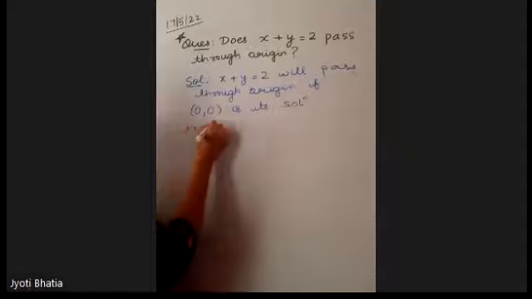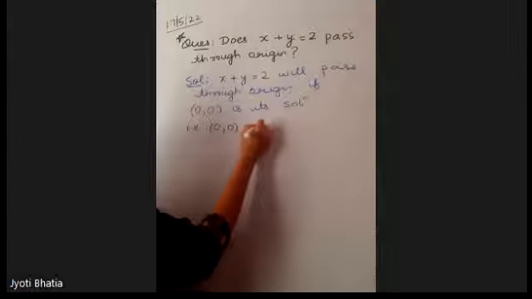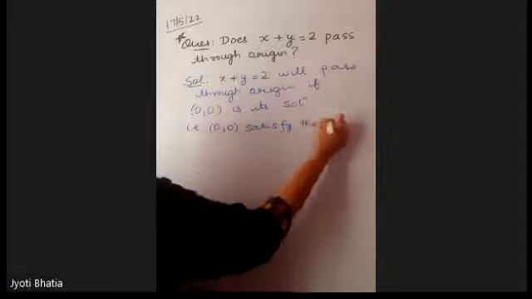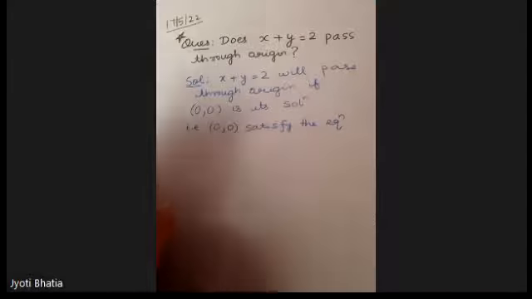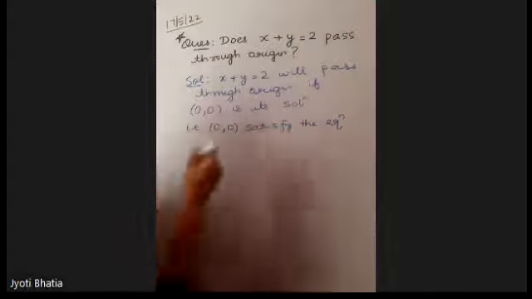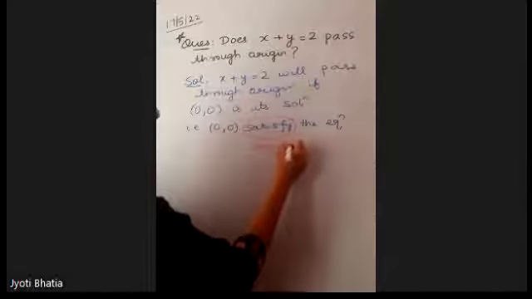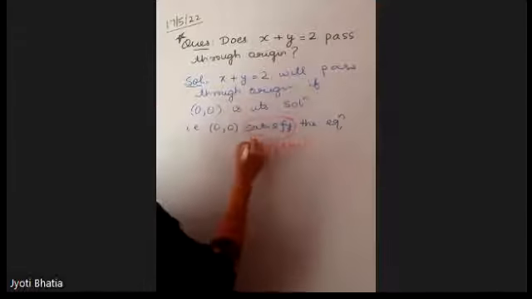That is 0, 0 satisfy the equation. I'm just explaining again the meaning of satisfying. Satisfying here means LHS should be equal to RHS. You may note it down for your understanding.